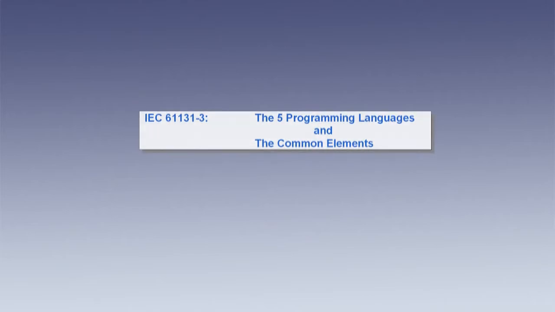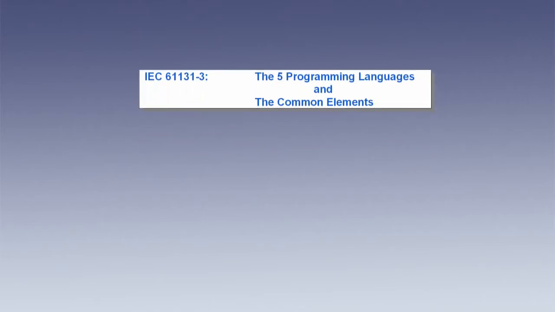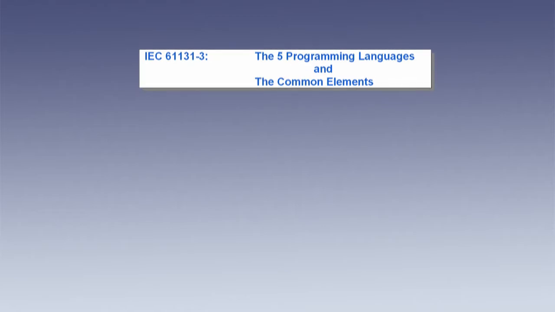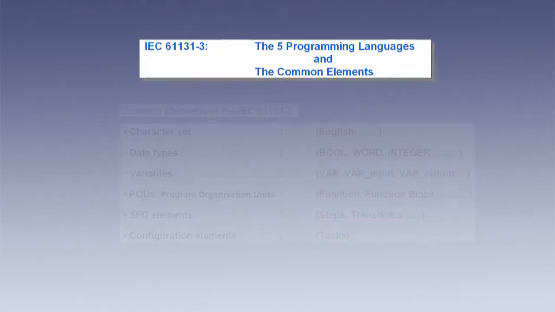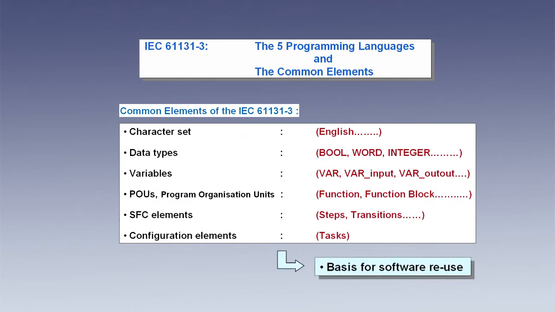The two main parts of the international standard IEC 61131 are the common elements and 5 programming languages. The common elements, such as data types, variables, and program organization units, serve as the basis for reuse within PLC software. Without them, it would not be possible to program functions or function blocks.